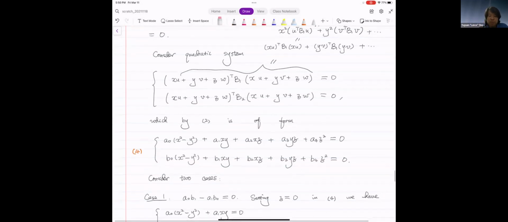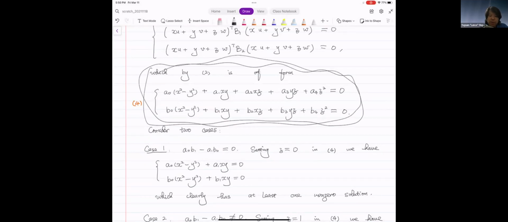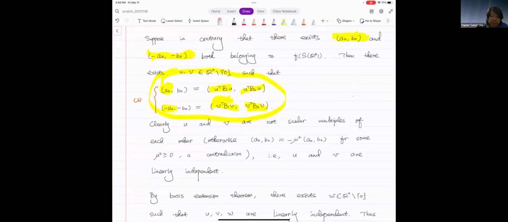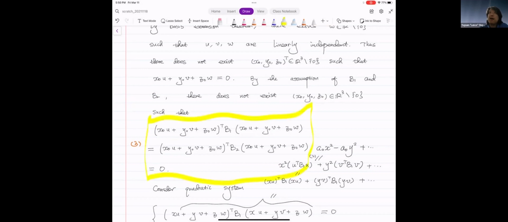Okay, so the quadratic system I have looks like this. This is the quadratic system with 3 variables and 2 equations. And my claim originally was that this will not be true.